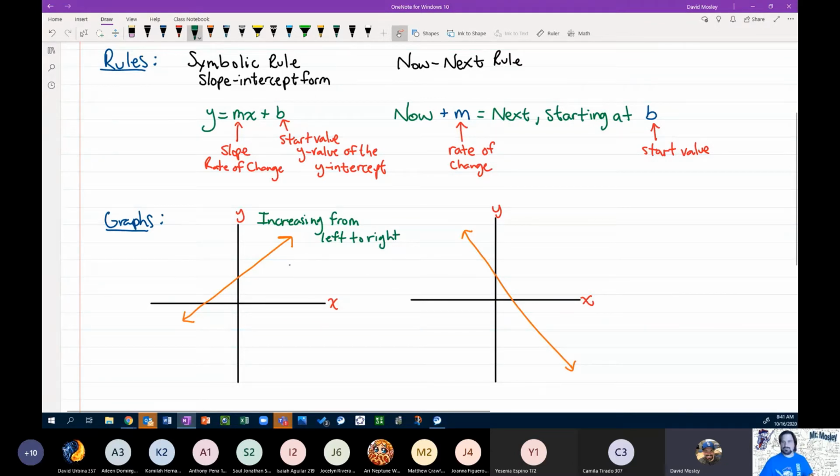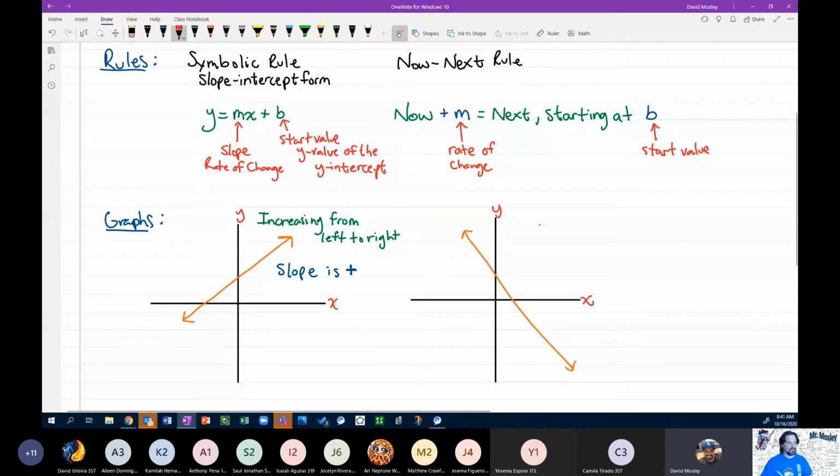This means if we see this type of graph, it's increasing from left to right, we automatically know that the slope is positive. It is increasing, our slope is positive. It's being added.